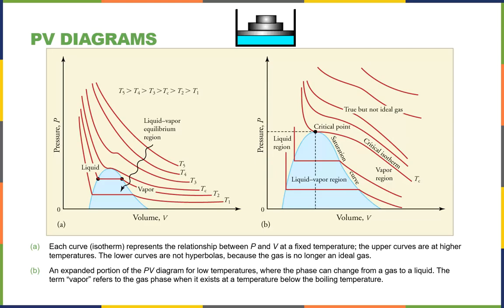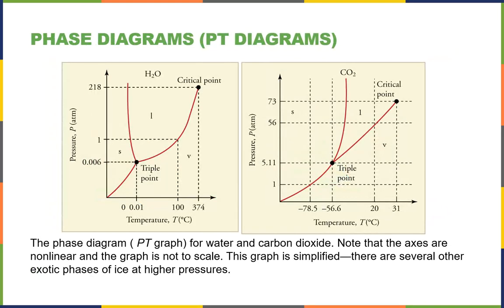Now, changing to a more familiar graph, what you know as a phase diagram, a pressure versus temperature diagram. This is showing the same information fundamentally, just on a different set of axes. Now we're saying, okay, if temperature changes and we keep a constant density, here's the critical point.